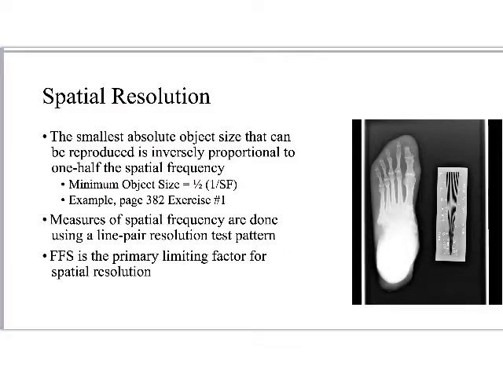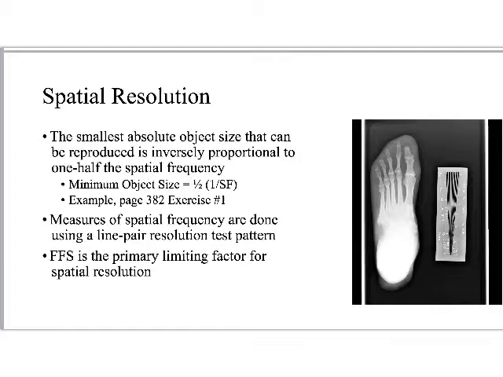So let's look at some concrete examples of this. With spatial resolution, we're talking about the smallest object size that can be reproduced, and it's going to be equal to basically 1/2 the spatial frequency.